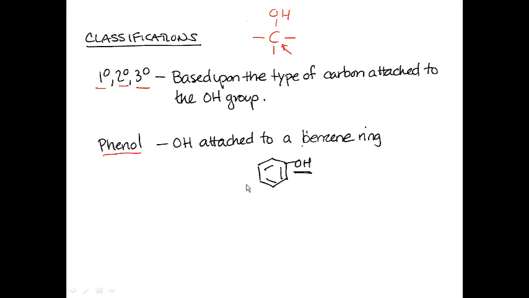Phenols were initially first used as disinfectants in medicine. It was found that phenol itself, which people actually got from taking coal and heating it in the absence of air, so in other words not burning coal, but what we call destructive distillation of coal, they actually got aromatic compounds with OH groups, the phenol itself, and it was found that it actually acted as an antiseptic by killing germs on the surface of the skin.